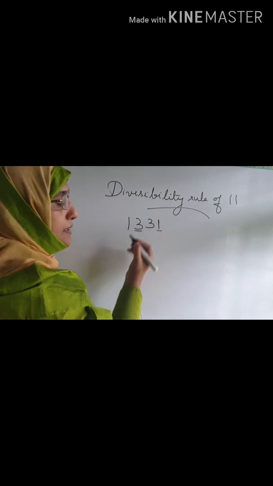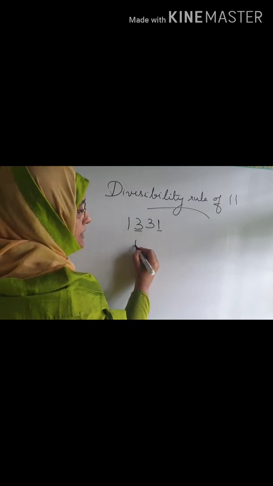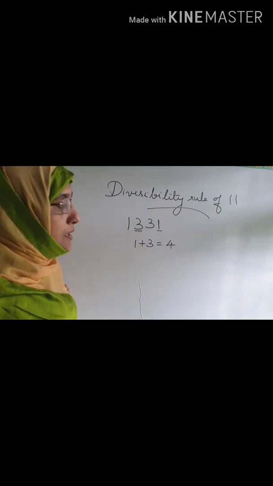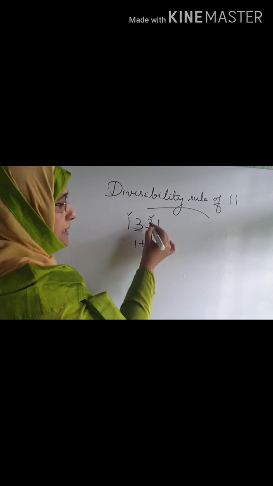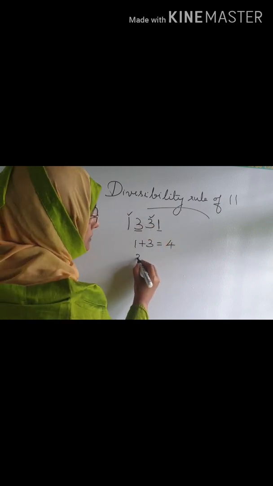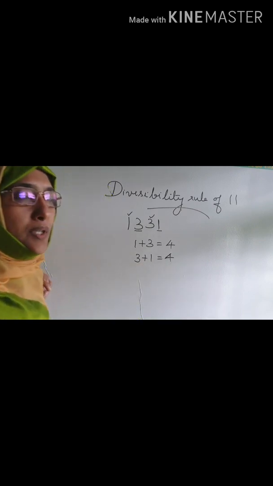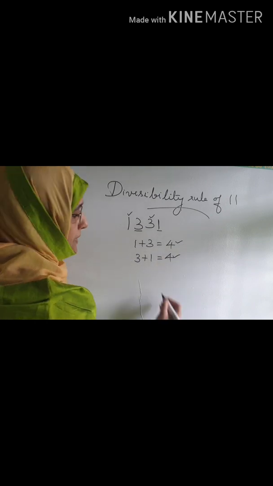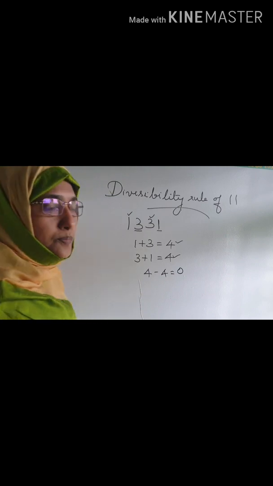So 1 and 3. Then next step, you add those numbers, that is 1 plus 3. It is 4. Then take the other alternate numbers, which are 3 and 1. Add that also, 3 plus 1. That is also 4. Next step is to find the difference between these two, that is 4 minus 4. It is 0.